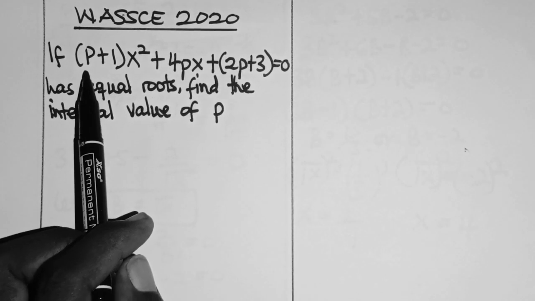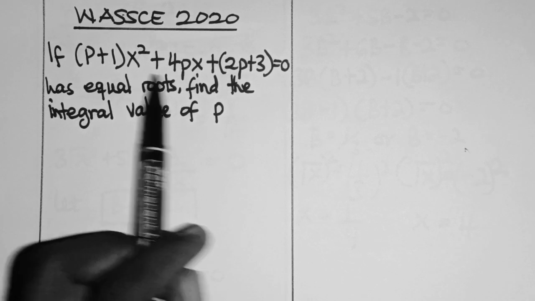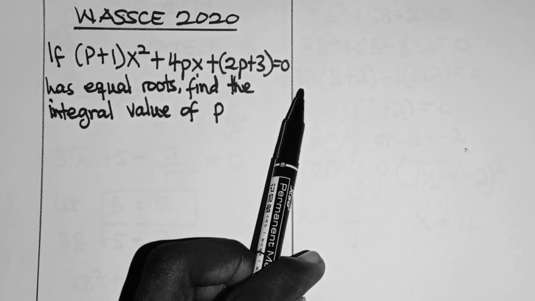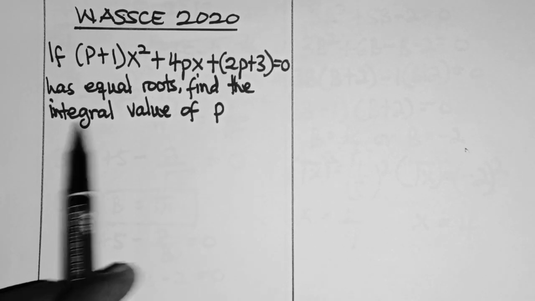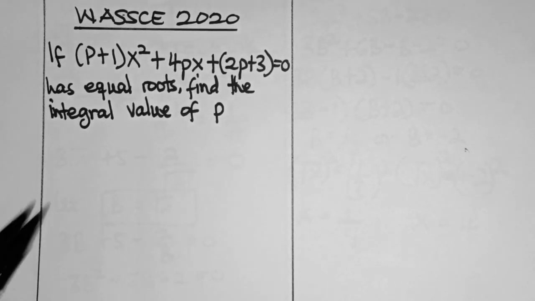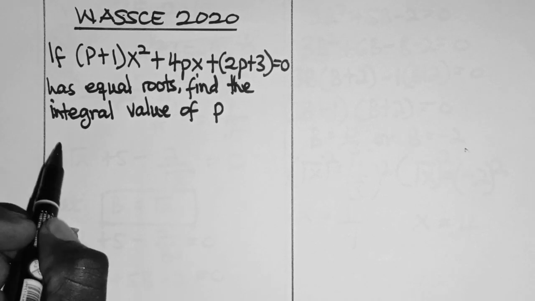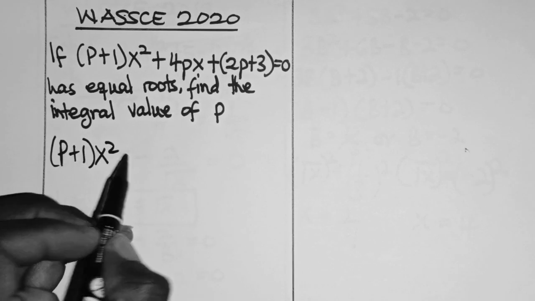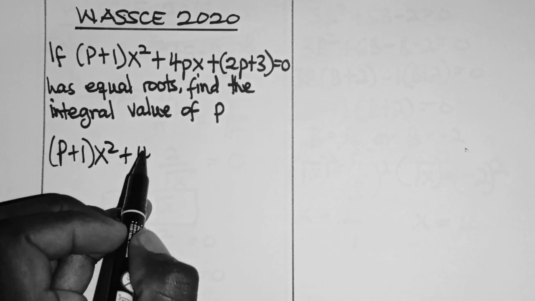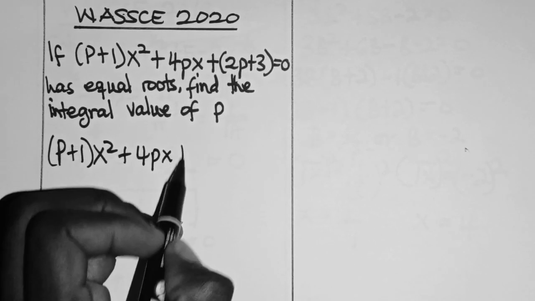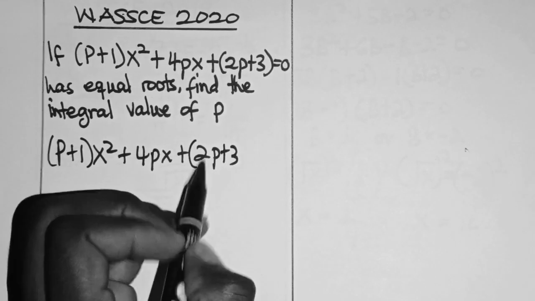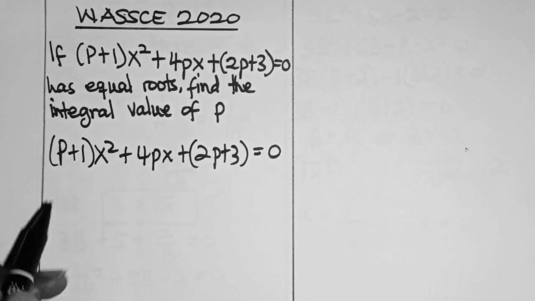If (p plus 1) x squared plus 4px plus (2p plus 3) is equal to 0 has equal roots, find the value of p. So the equation is (p plus 1) x squared, then plus 4px plus (2p plus 3) is equal to 0.